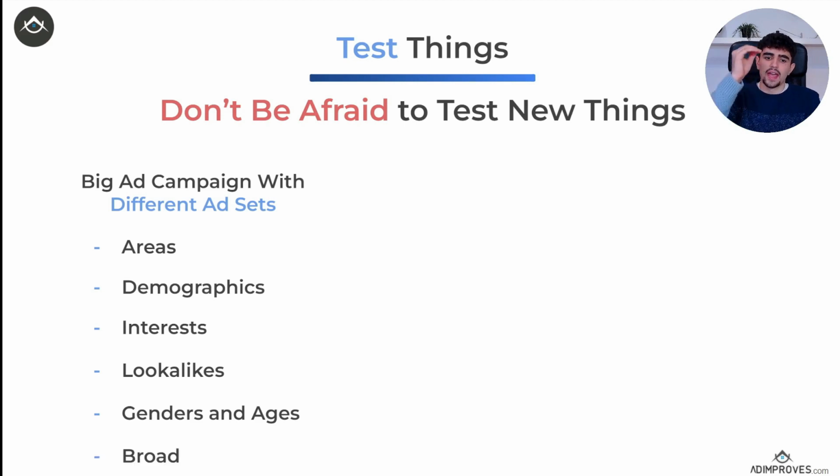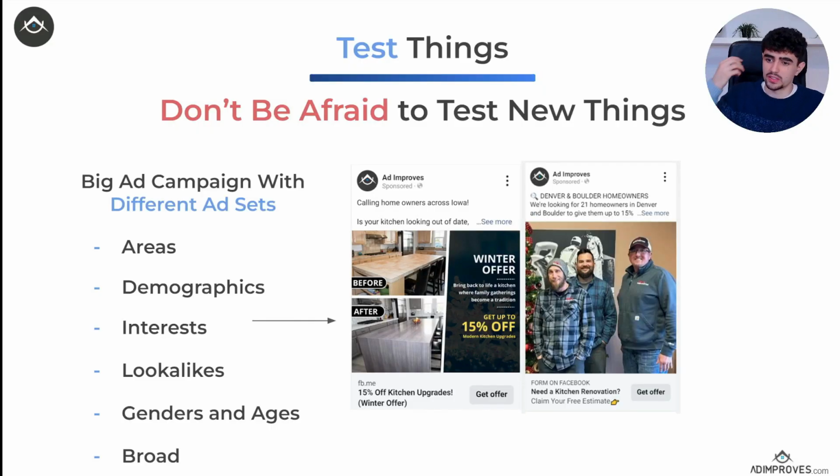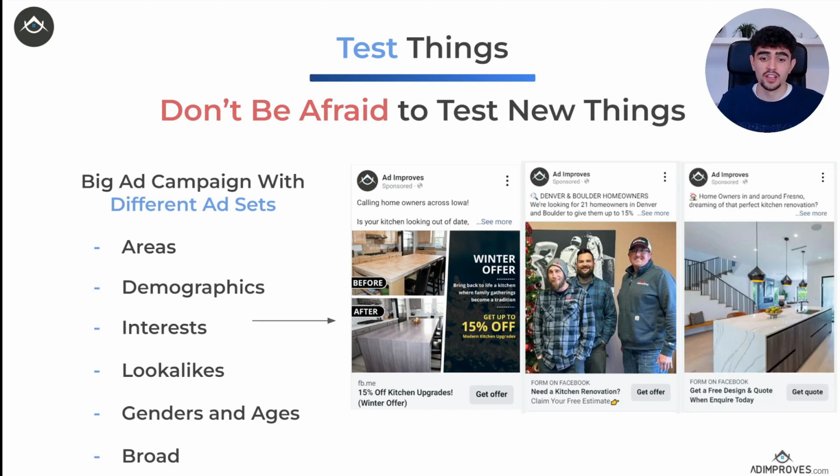All this different data that I'm trying to target is in order to see what type of people is actually resonating with the offer, the business, and the ad itself, right? You can test different creatives, different copy, and different offers to see again what the audience is resonating with.